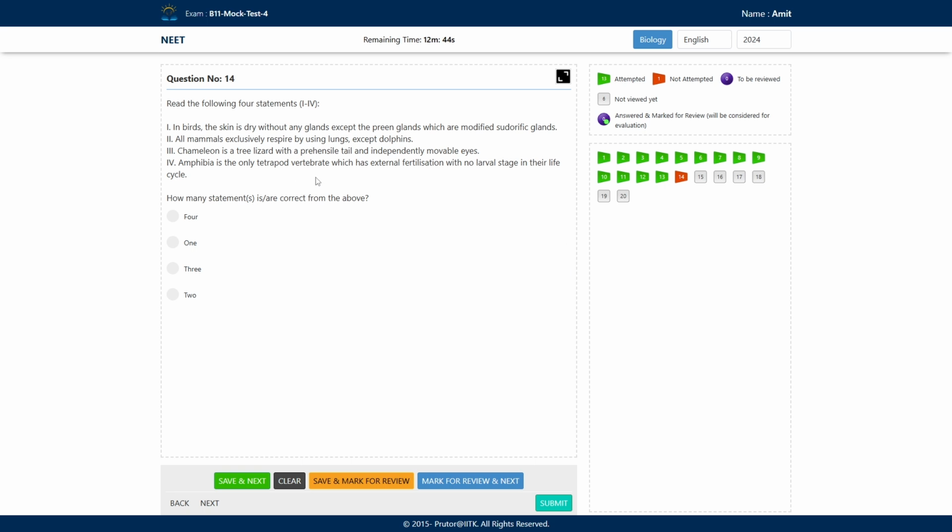Amphibia is the only tetrapod vertebrate which has external fertilization with no larval stage. Amphibia has a larval stage, so this is also incorrect. But chameleon is a tree lizard with a prehensile tail and independently movable eyes. Okay, so only one statement is correct. The rest are incorrect, right? So let us save this and move to our next one.